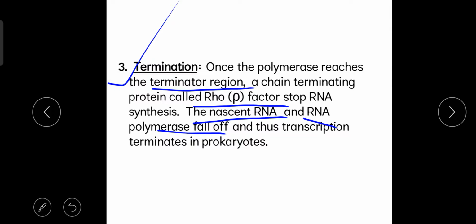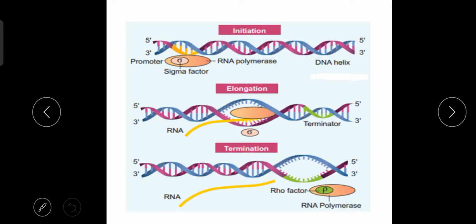Okay, so now see the diagrammatic representation. The first one is the initiation stage. In this initiation stage, you can see the strand of DNA, here the 3 prime and 5 prime. This strand is called the template strand. There are 2 differently colored strands, one gray and one pink.